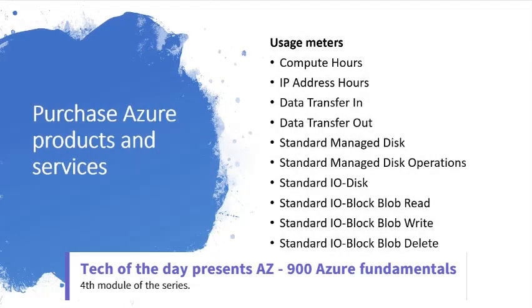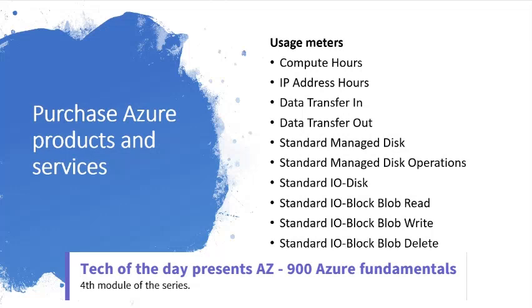So, purchase Azure products and services. Products and services in Azure are arranged by category, which has various resources that you can provision. You select the Azure products and services that fit your requirements, and your account is billed according to Azure's pay for what you use model.